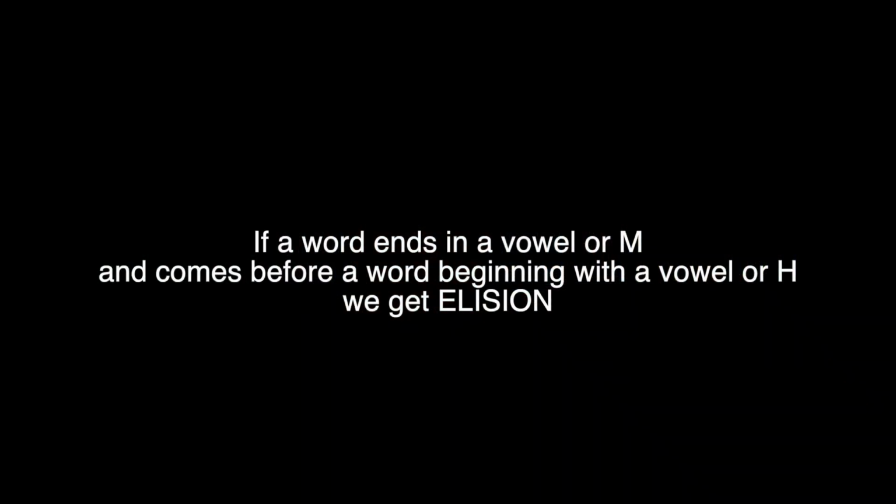And then the fourth principle, really important one, this, is to do with elision. So in Latin, where a word ends in a vowel or a vowel followed by the letter M, and the next word begins with a vowel or the letter H, right?